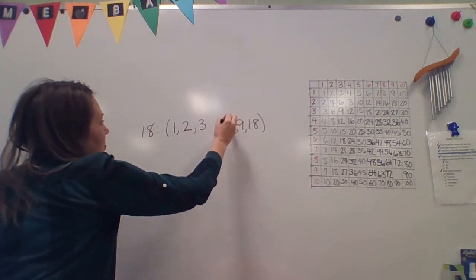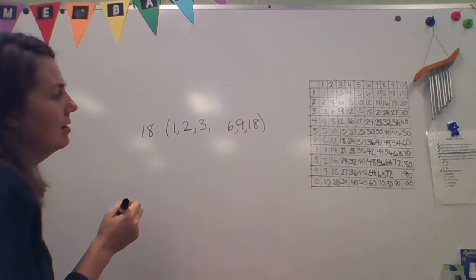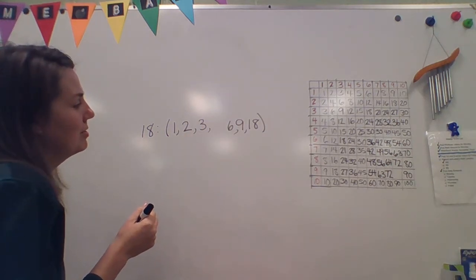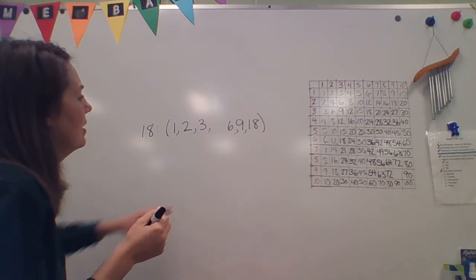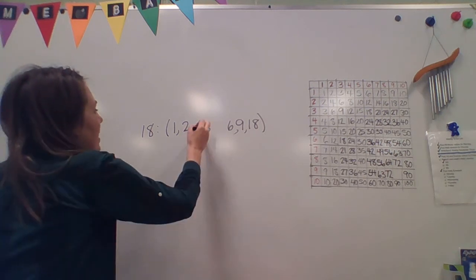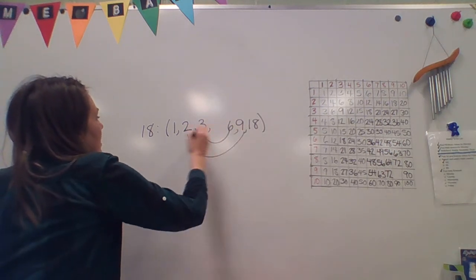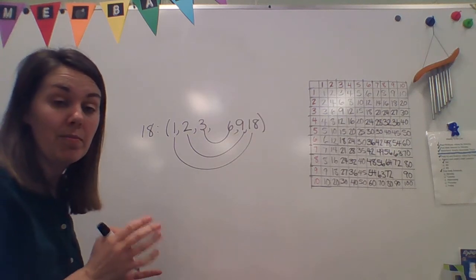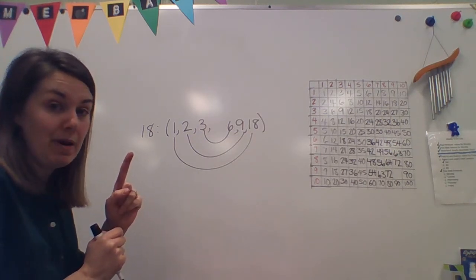Yes, it would be 6. Any number multiplied by 4? No. Any number multiplied by 5? Nope. And then we already have 6 here. So we have 3 factor pairs that make up 18. That would make it composite, right? It has more than one factor pair.